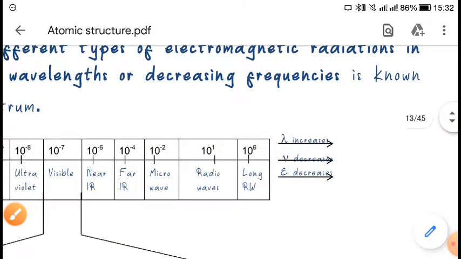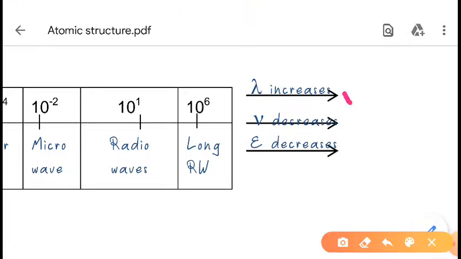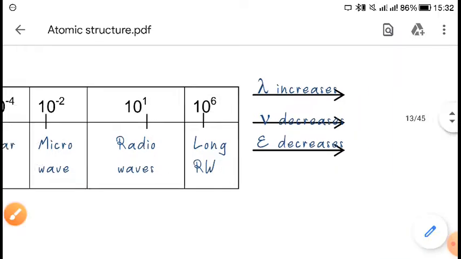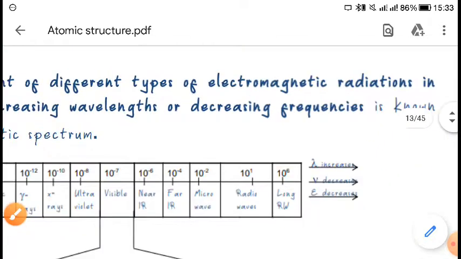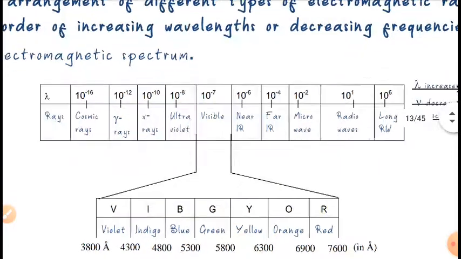If the wavelength is increasing, then definitely the frequency and the energy will decrease. So the electromagnetic spectrum is nothing but an arrangement of different types of electromagnetic radiations.